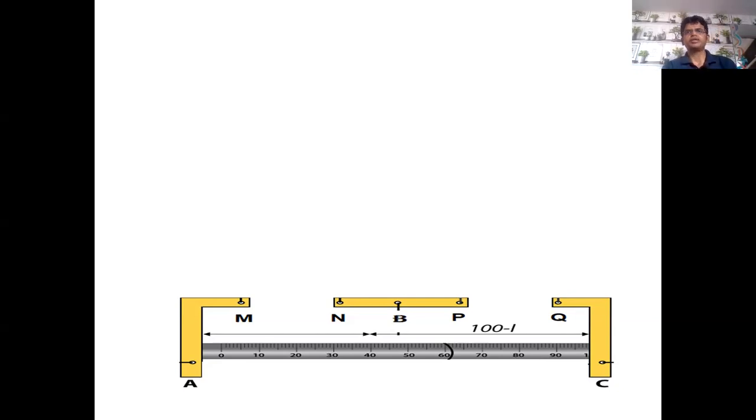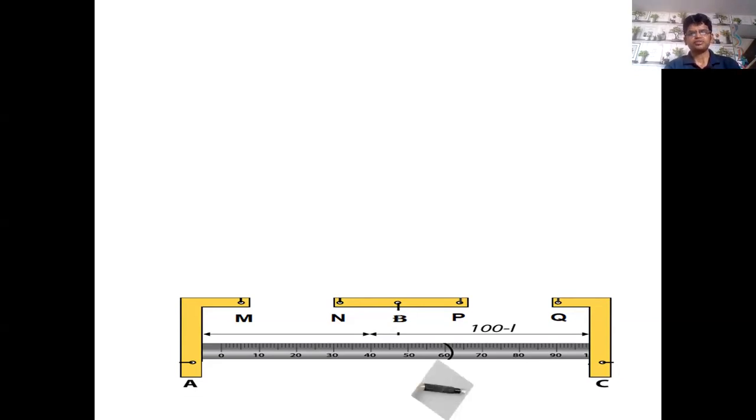Between A and B there is a terminal M, between B and C there is P, and B is the center point at 50 centimeter.